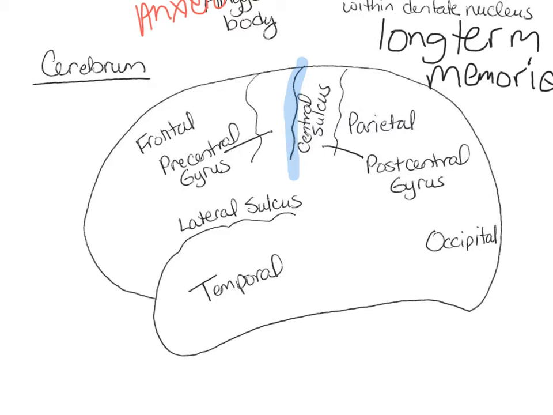Anything behind it is the parietal lobe until you get down to where the occipital lobe is, right? So it's that central sulcus that divides the frontal lobe from the parietal lobe. In addition to that, we have the lateral sulcus, and the lateral sulcus divides the temporal lobe from the frontal lobe.